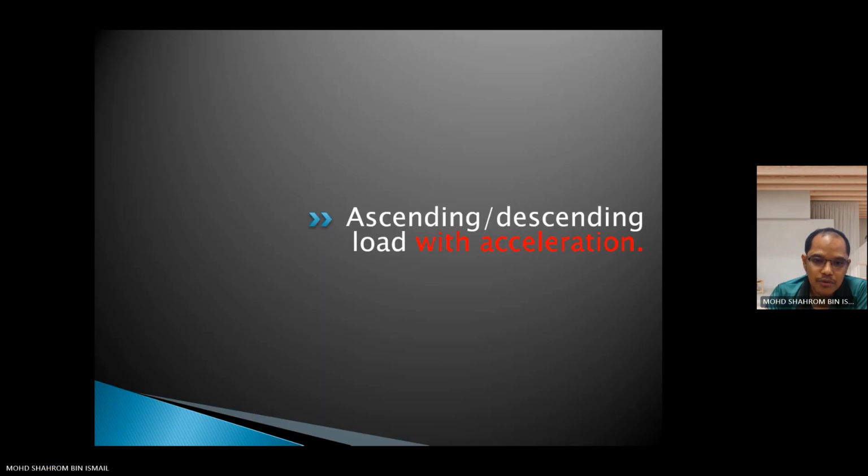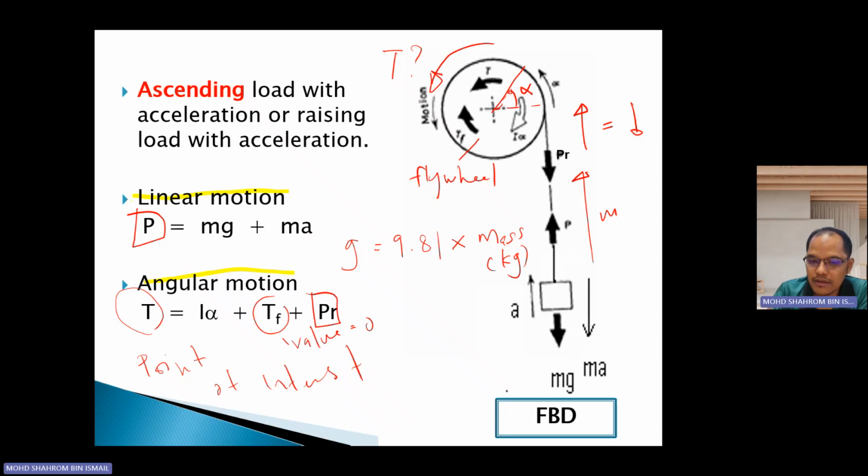So for this case, it's more like an ascending or descending load with acceleration. As we discussed previously, we have a load, a mass, that is acting either upward or downward, and throughout the process it generates some acceleration.